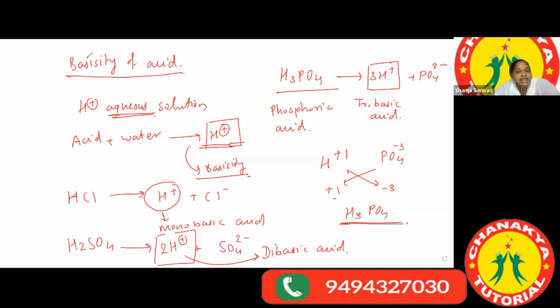Aqueous solution of acid can conduct electricity. And acids turn blue litmus paper red. Clear? These are the four basic characteristics, properties of acids. You need to keep it in your mind. Already we have learned it. It's not that we haven't learned. I just recapitulated. Fine?